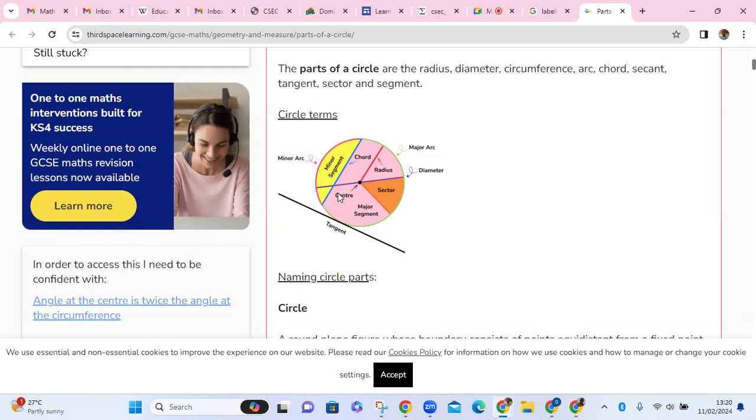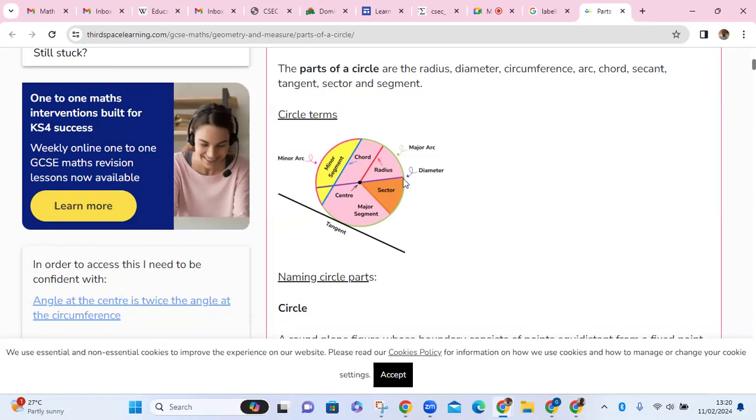A sector now is an area made by two radii. So you have the minor sector and the major sector, made by two radii.